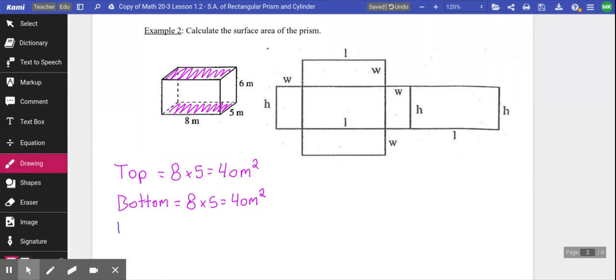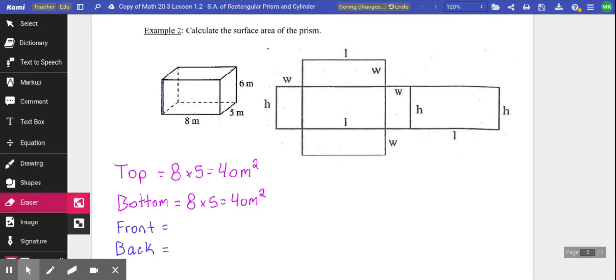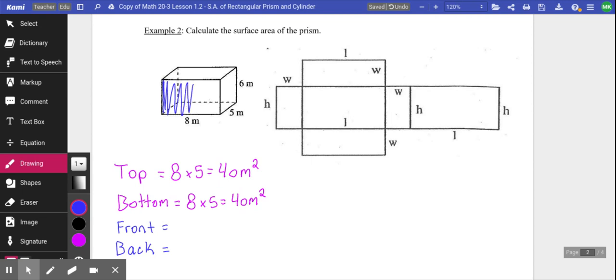I now want to do the front of that box, which I know is the same as the back. Just looking at it, those are definitely the same. The front would be this right here. I'm going to try to color it in for you. The front is our length, which is 8, times our width, which isn't labeled.